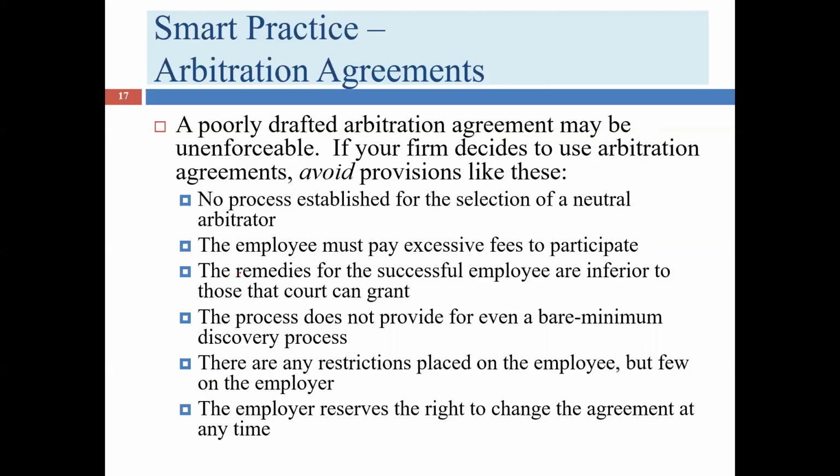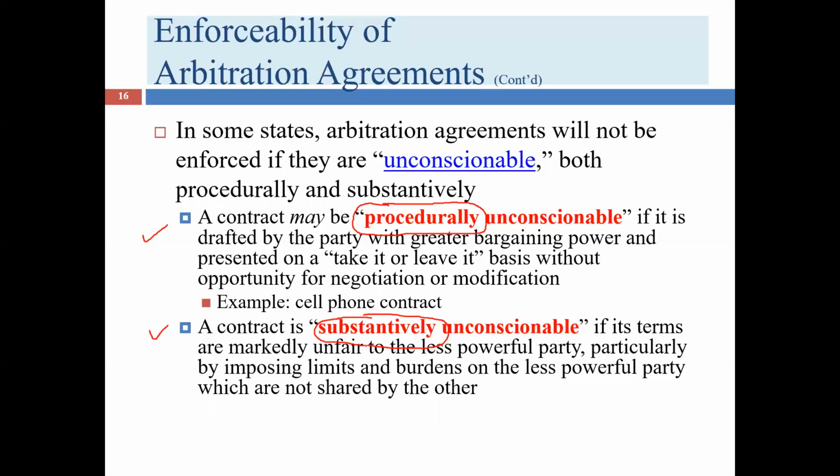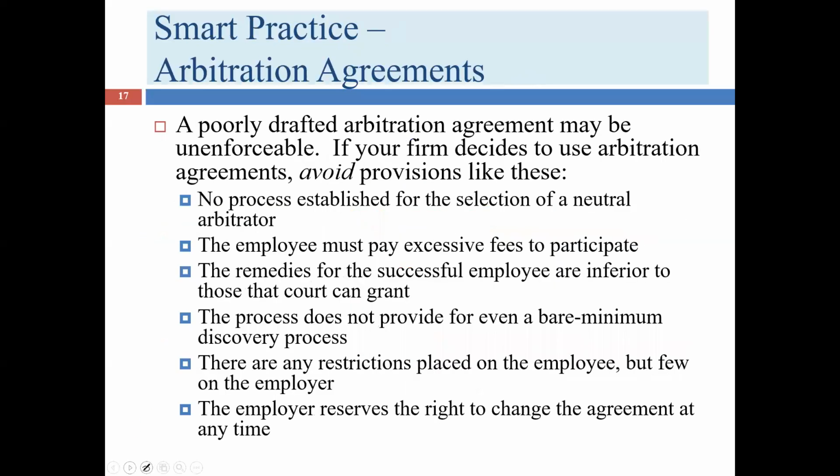Offering smaller remedies, for example, precluding punitive damages or attorney's fees, or precluding reinstatement or things like that, are signs that might cause a court to find that the agreement was substantively unconscionable and throw out the whole agreement. Then you're in court, and that's not a good thing to be.